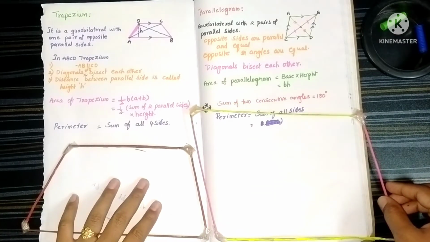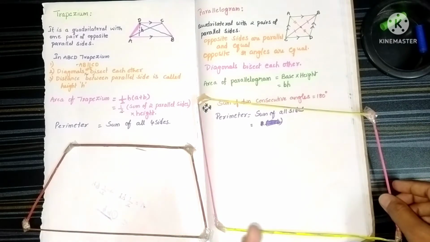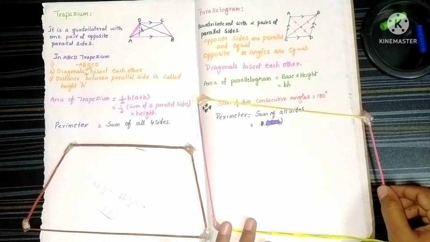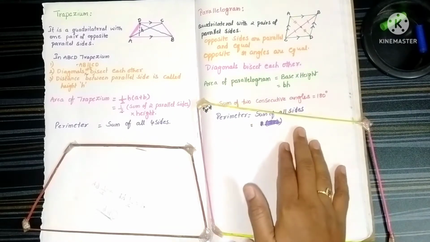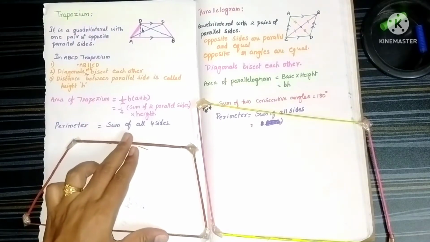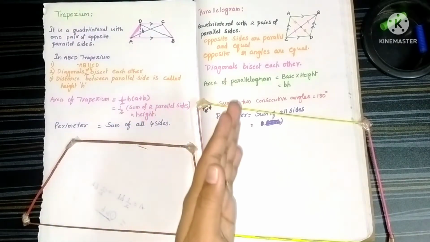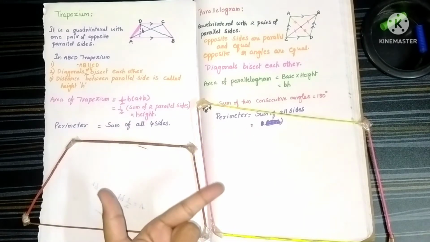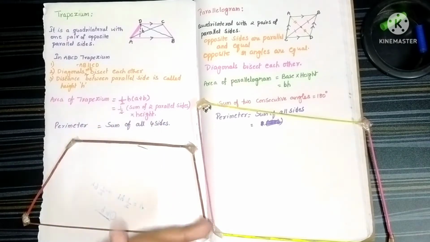See, what are the properties of a parallelogram? A quadrilateral with two pairs of parallel sides. For a trapezium, a quadrilateral with only one pair of parallel sides. So the parallelogram has one extra. Yes, a parallelogram can be a trapezium.